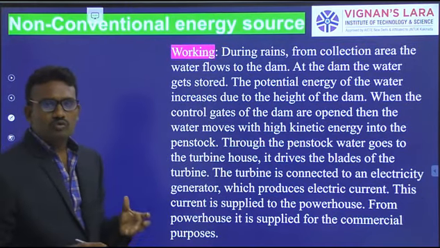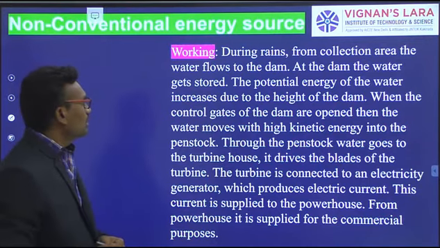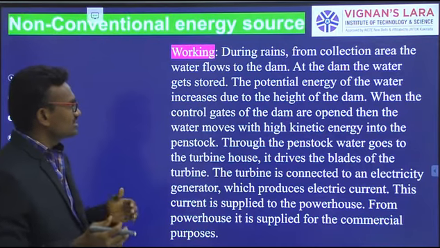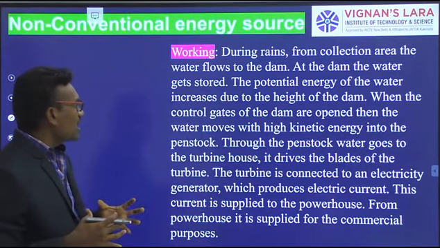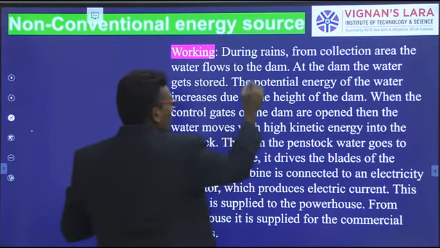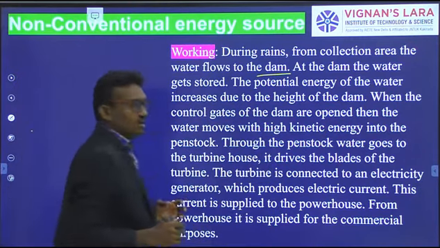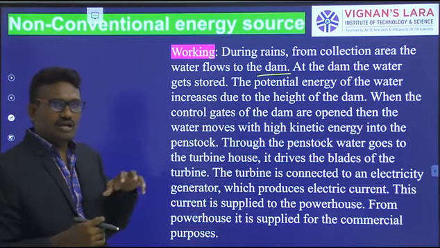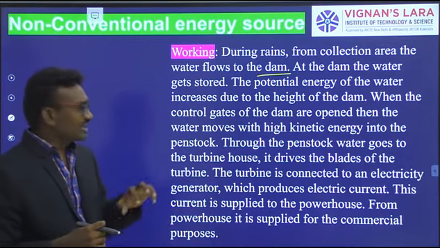Working: how does hydraulic power work? During the rains in the monsoon season, water flows from the catchment area into the dam. In the rainy season, water collects in the dam area.